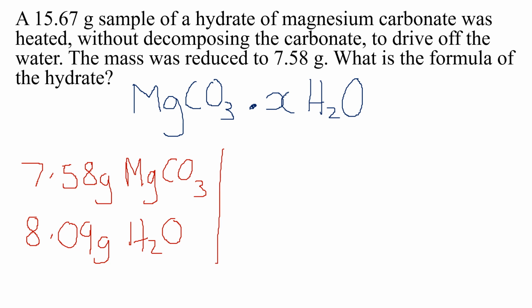And then what we do at this stage is divide each of these numbers by their molecular mass. So for magnesium carbonate, we divide by 84.3. And for water, we divide by 18.02.